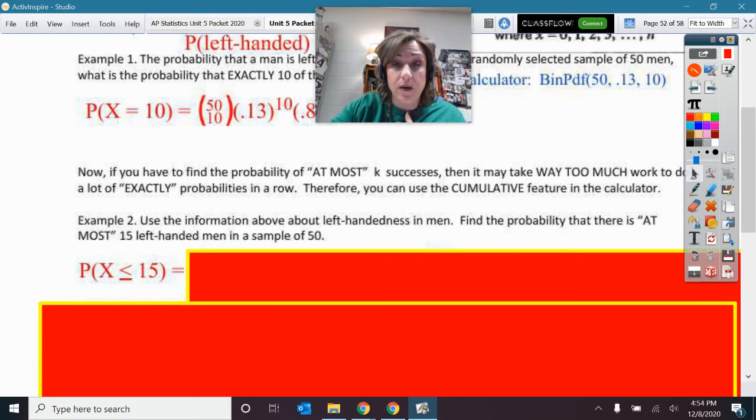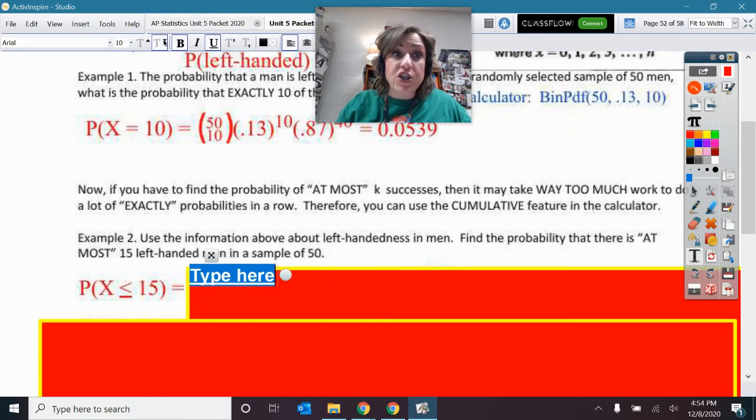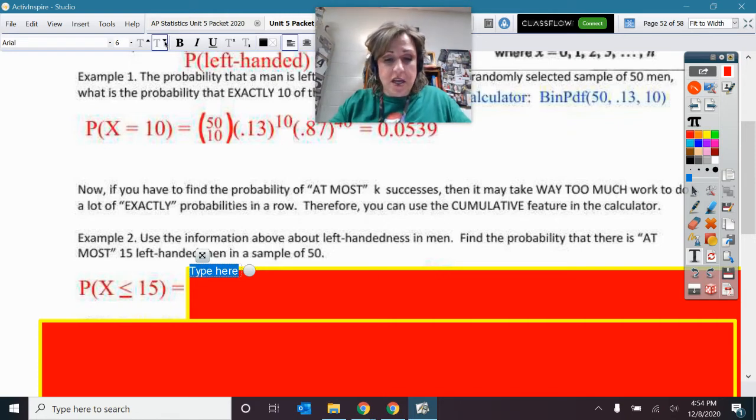All right, now we have a sequence from 0 successes up to 50 successes. So do you remember how we would do that? We had this sequence, and so we have to show the work for 0 successes up to 15 successes.